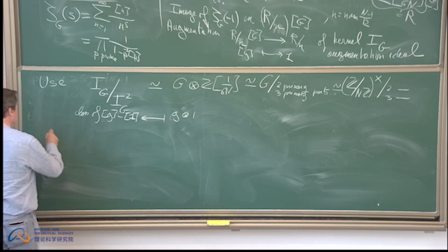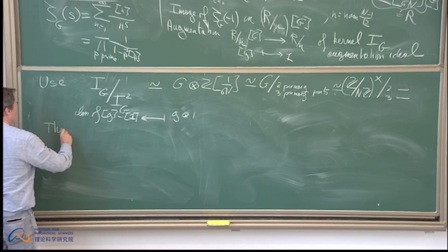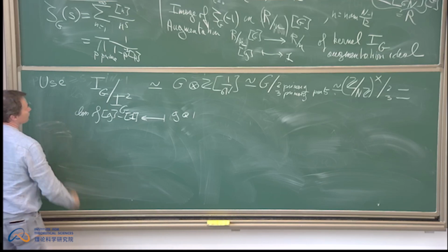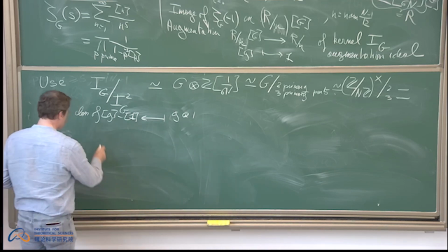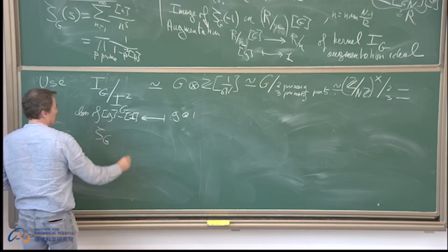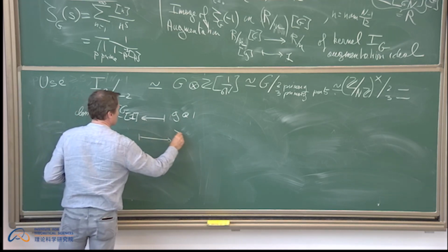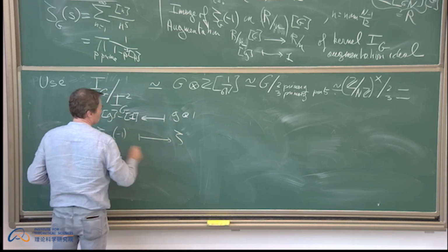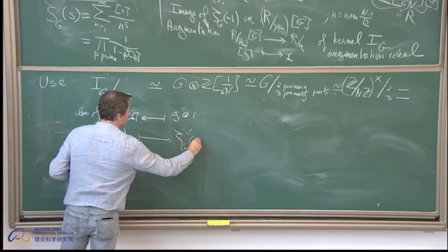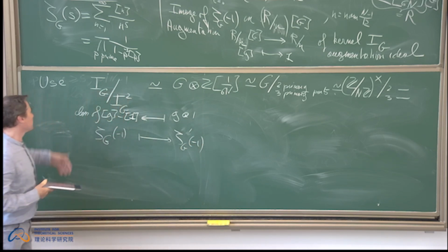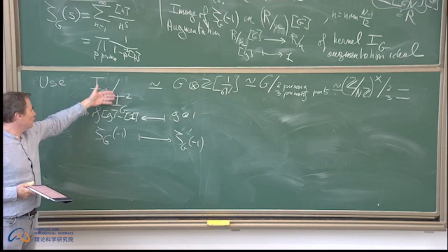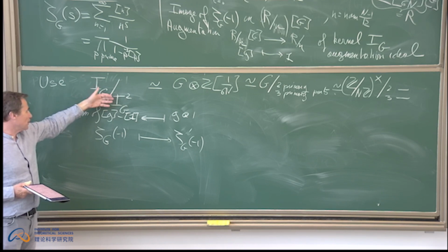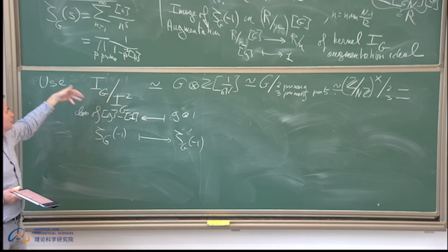So the image then of zeta G would be zeta G prime. So taking the image modulo the square of the augmentation ideal is actually like taking the derivative of it.